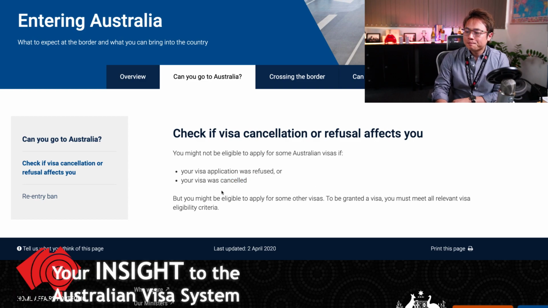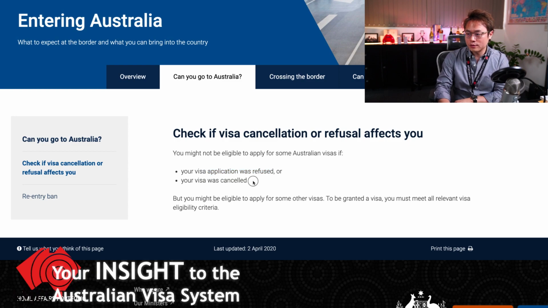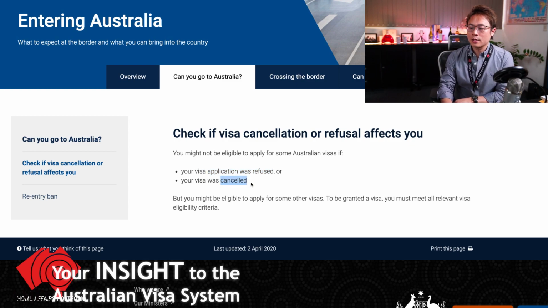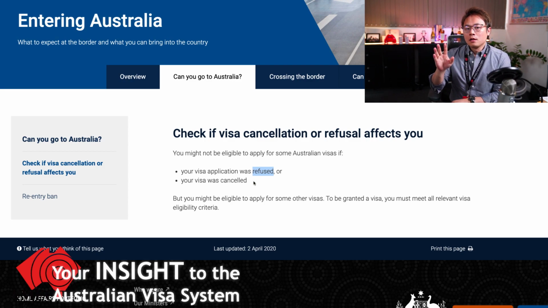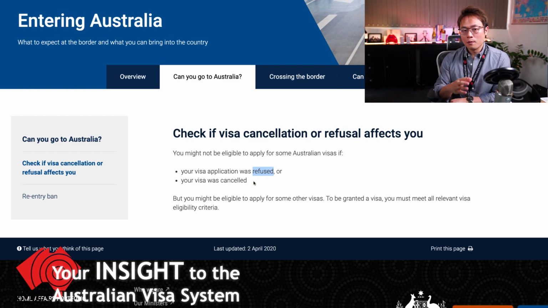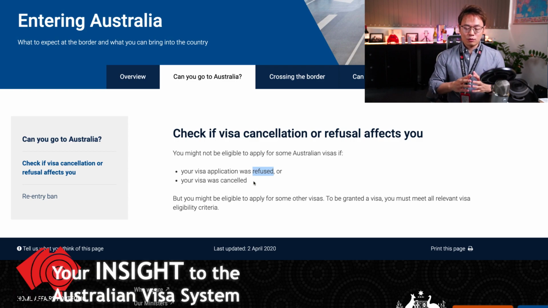So which is better or worse? To be honest, cancellation is actually worse than refusing, but circumstances do change. For both of them, if the refusal or cancellation reason was due to fraud or misleading information, then both are really bad because that would trigger PIC 4020.